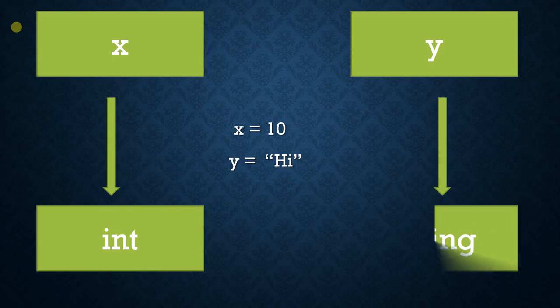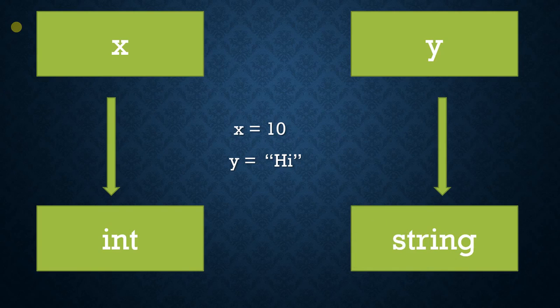Now Y on the other hand is a string because it stores a word. Hi is a word. So anything written in double quotes or single quotes in Python is treated as a string. And numbers are treated as integers. For example, our X is equal to 10.